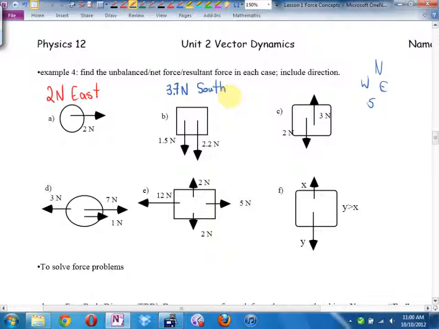Hey, what's the net force in C, magnitude and direction? Now we got to do some vectorial math here. 1 Newton north, I agree. What's the net force in picture D? Eight to the right, 3 to the left, means 5 to the right or east.